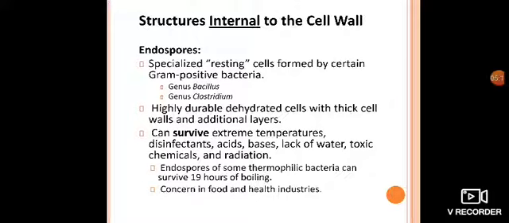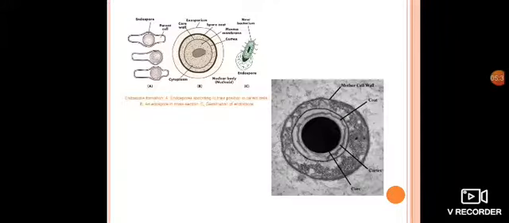So this is a concern for the food and health industries. Imagine if this type of spore is observed in food and health industries, it is very dangerous for human life. So these are the endospores.